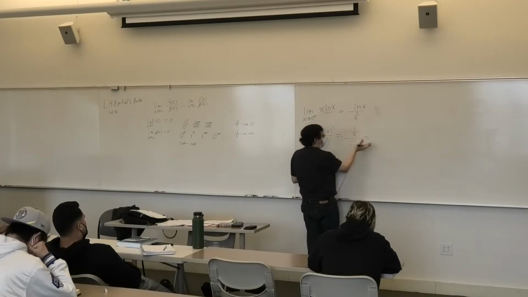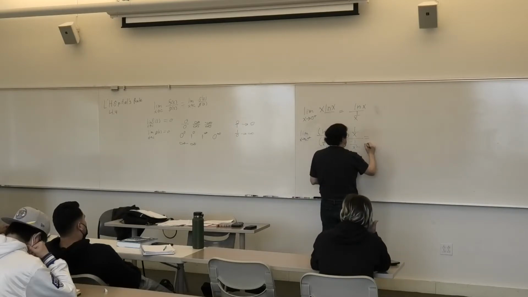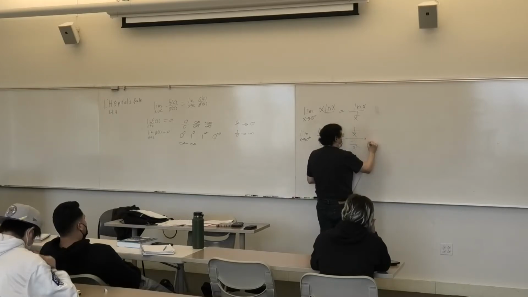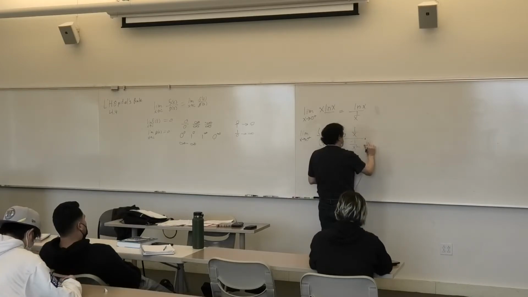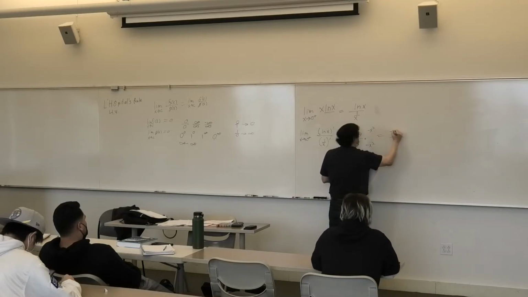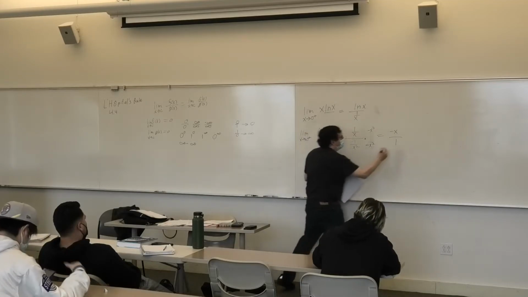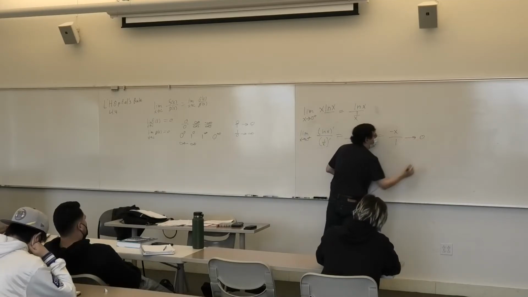I'm going to flip the fraction and multiply by negative x squared. This becomes 1, this becomes negative x. So as x goes to 0, this goes to 0.